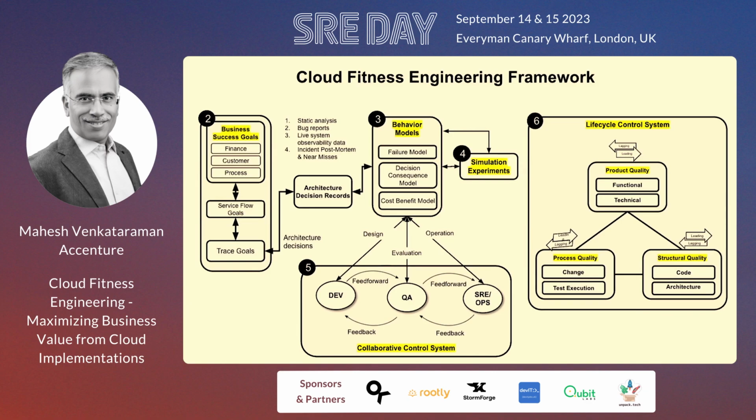Now, the advantage in having this continuous life cycle control system is you continuously look at what process events and actions are being taken upstream that are causing downstream product quality issues. And then which code is, if you go today, if you apply this code quality tool, you have a bunch of findings.